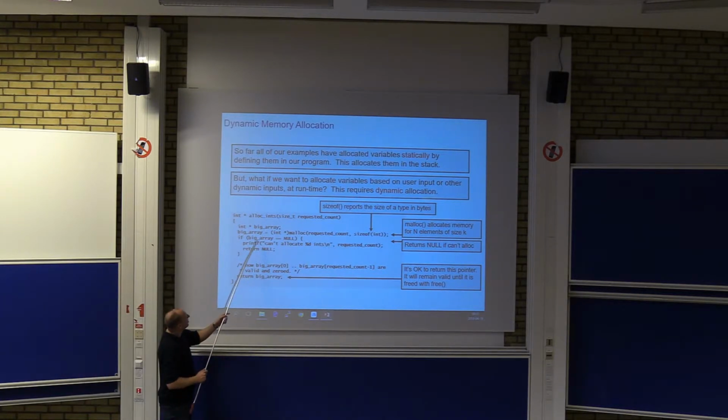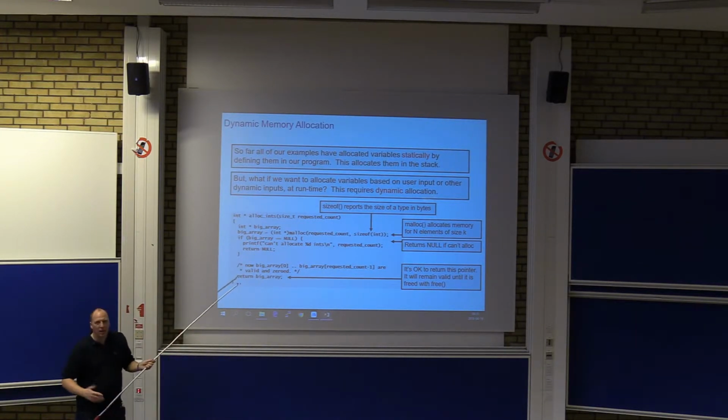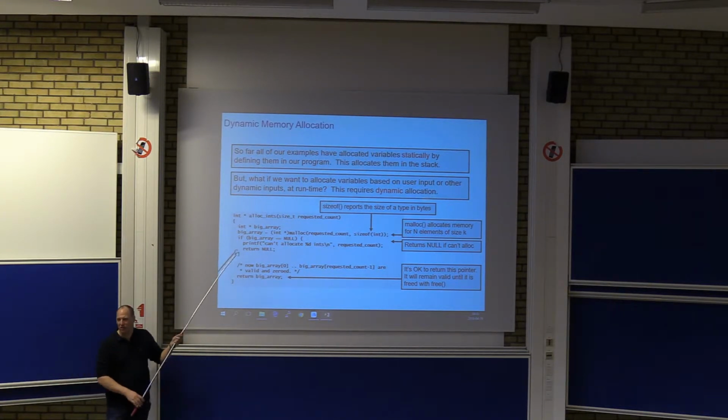So you can check for this. If what you got back is equal, so you have two equality signs, equal to null, then you print out some error message, and then probably the best thing you can do here is, in this case, you return null, but maybe you would like to terminate here, so you could return -1 with a failure or something like that.